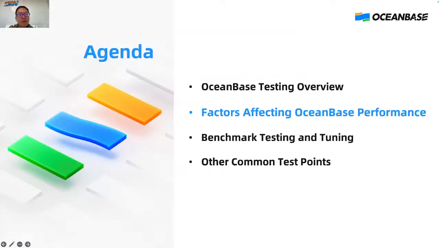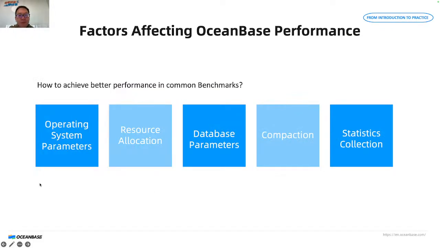Next, I will introduce several factors that affect OceanBase's performance. Let's look at how our common benchmarks can achieve better performance in OceanBase. Database performance is often influenced by various factors. We can break down and analyze these factors from the inside out.